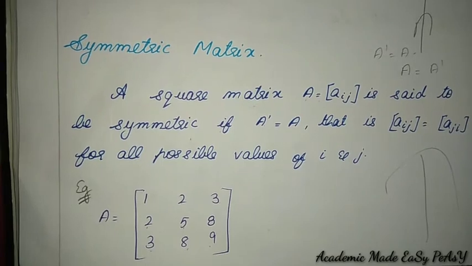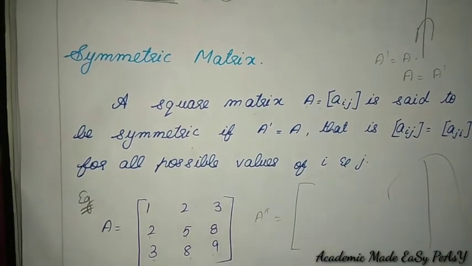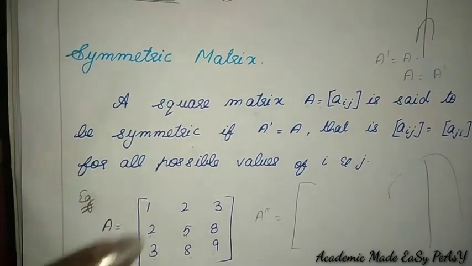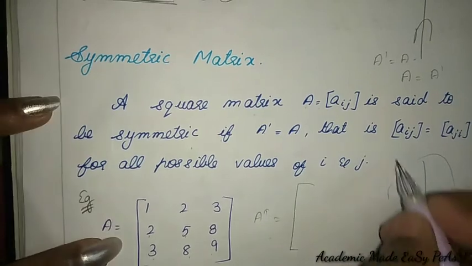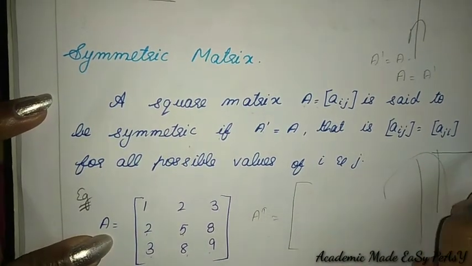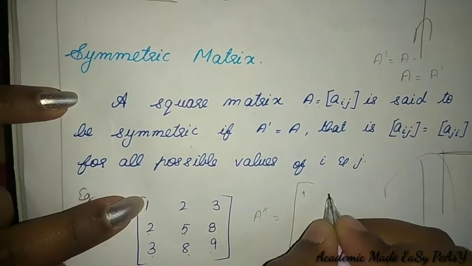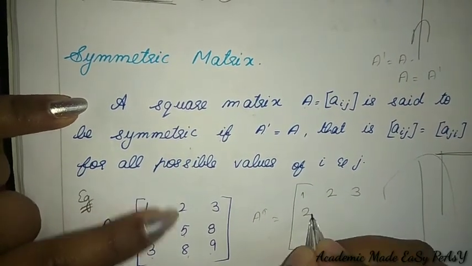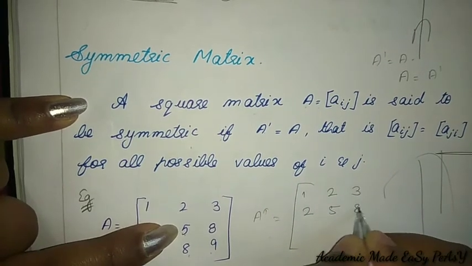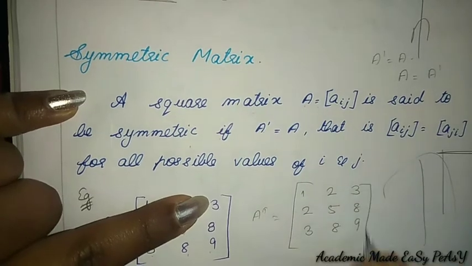Now I'm going to take the transpose of A. For the transpose of A, I will be changing all my columns into rows. So 1, 2, 3. Next is 2, 5, 8. Next is 3, 8, 9.